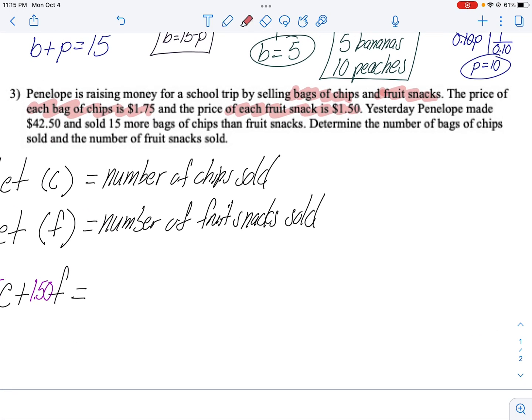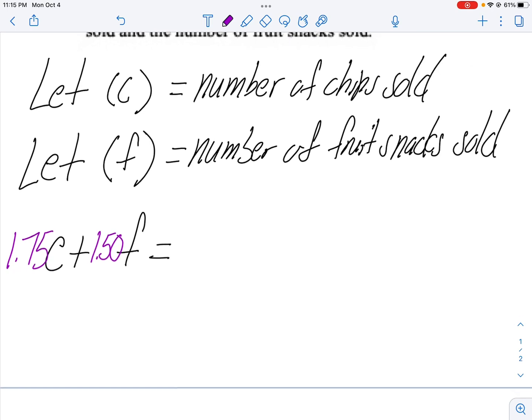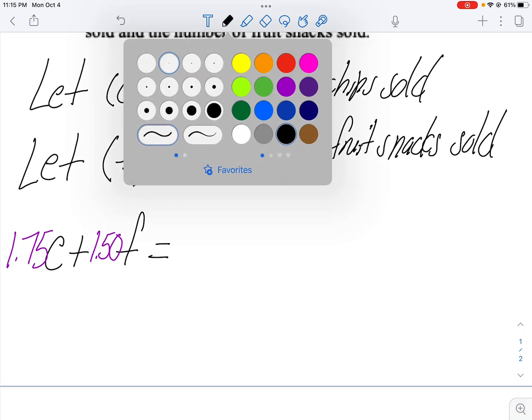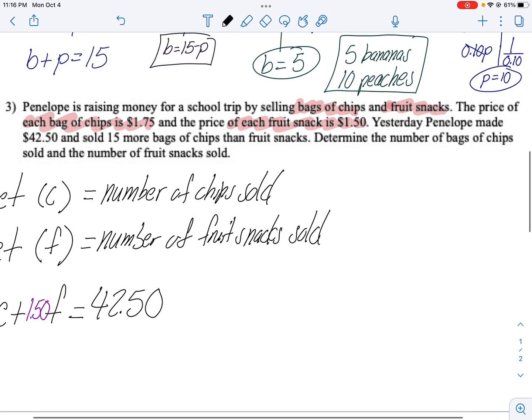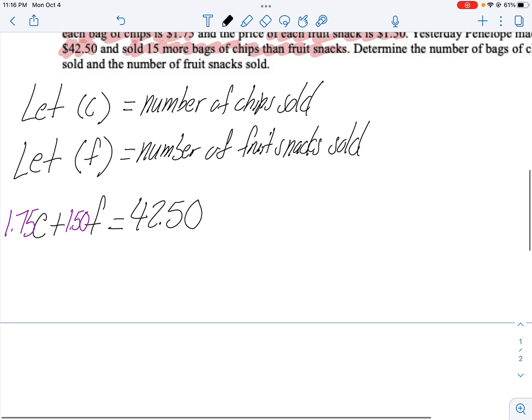How much did she sell in total? Yesterday, Penelope made $42.50. So this is going to be $42.50. And what else does it say? She sold 15 more bags of chips than fruit snacks, right?